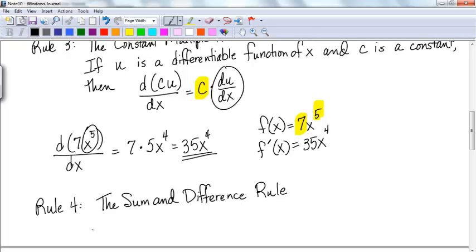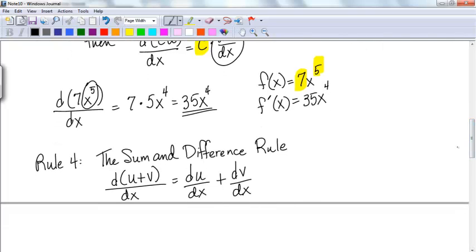The sum rule would say this: the derivative of u plus v with respect to x equals, take the derivative of the first term, the derivative of u with respect to x, plus take the derivative of the second one, the derivative of v with respect to x.